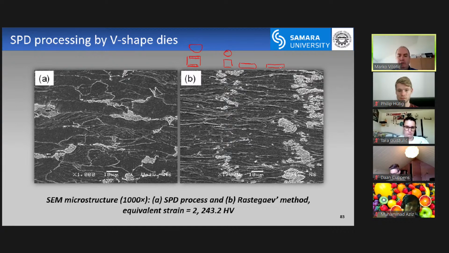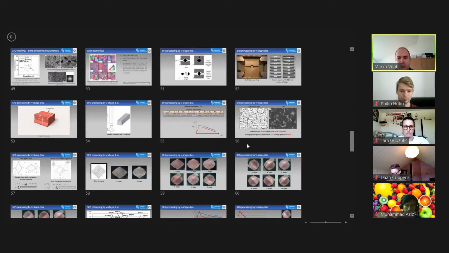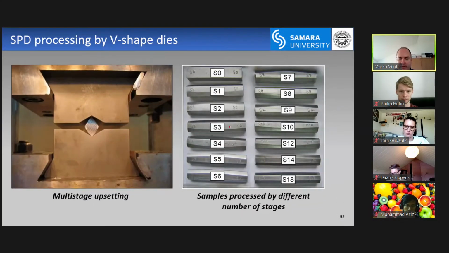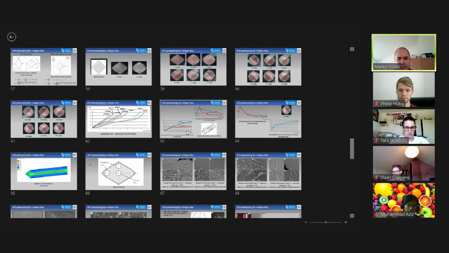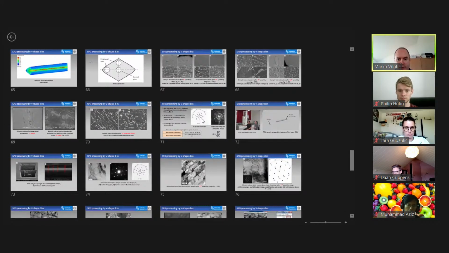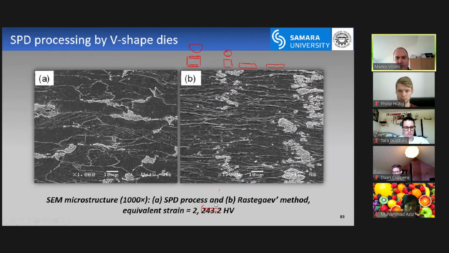So in one case, I compared the hardness of my sample. This is sample 444. This sample, upset 18 times, had exactly the same, 243 Vickers.